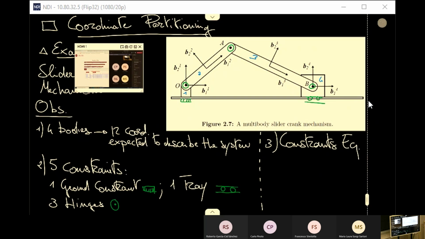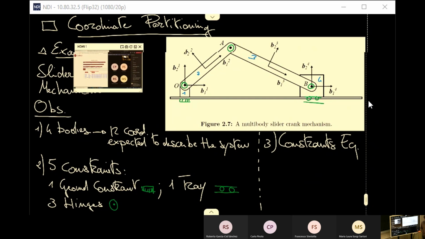How many constraint equations do you see which are needed to enforce those 5 constraints? The body can only move in one direction. Yes, you can do that, of course.